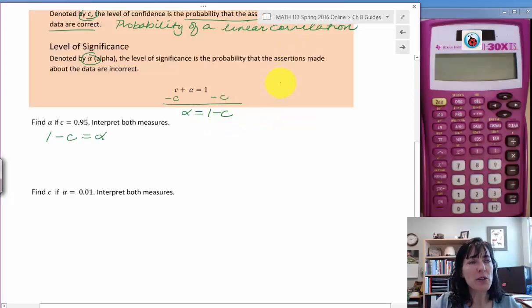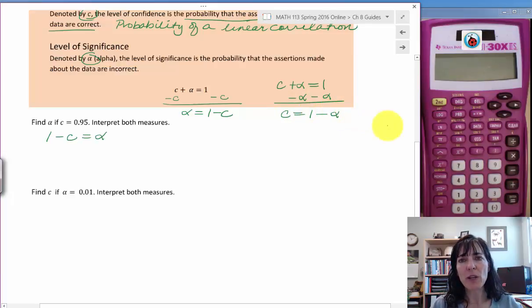We can also come back to this formula, C plus alpha equals 1, and subtract alpha from both sides, and then we get C equals 1 minus alpha. So depending on which one we're given, we can take it away from 1, and we'll know the one that we weren't given.